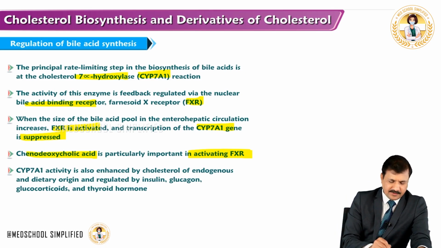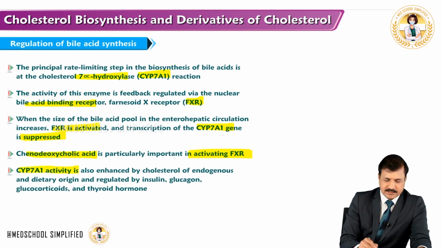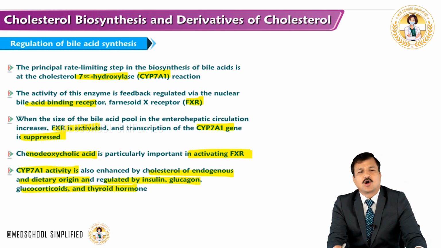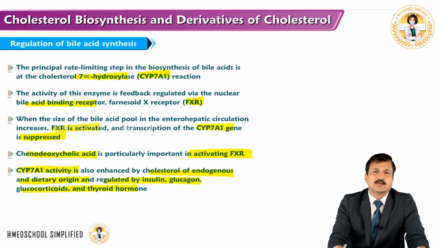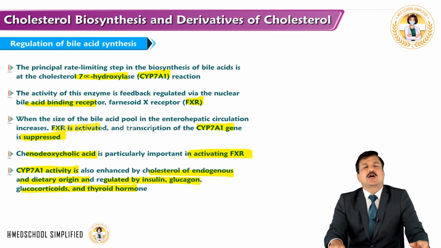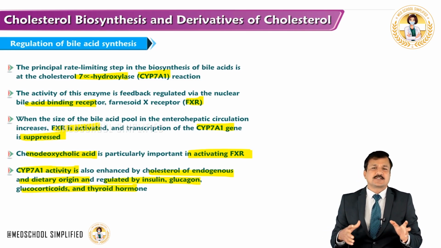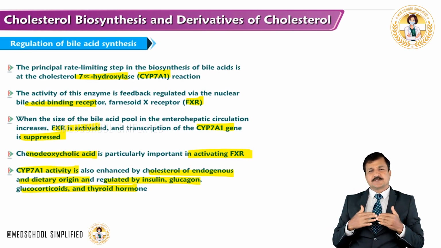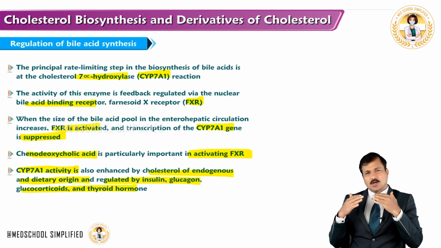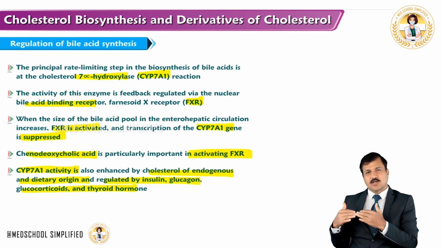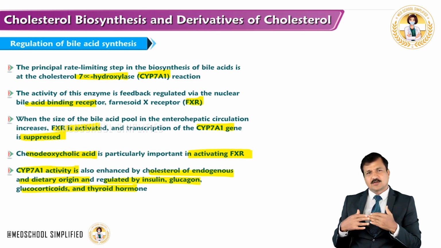Now CYP7A1 activity is also enhanced by cholesterol of endogenous and dietary origin, and it is also regulated by hormones like insulin, glucagon, glucocorticoids and thyroid hormones. So that's how bile acids are synthesized from cholesterol by a variety of steps, all the way into cholic acid and chenodeoxycholic acid, and the important enzyme there is 7-alpha-hydroxylase.